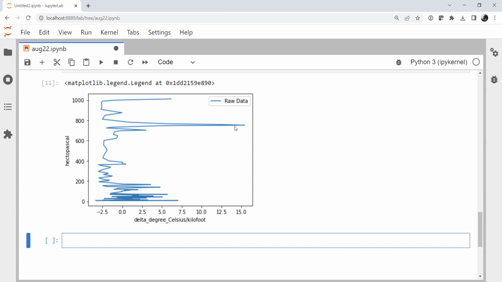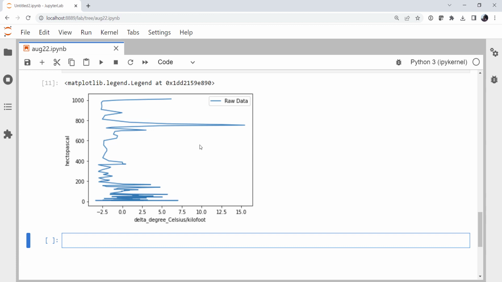Then this must be our temperature inversion right here, just a little above 800 millibars. And that indeed is it. We see this 15 degree Celsius per 1,000 foot lapse rate here. And everywhere else we're seeing something in the neighborhood of negative 2.5 and negative 3, somewhere in there, which is about what we would expect for our standard adiabatic lapse rate.